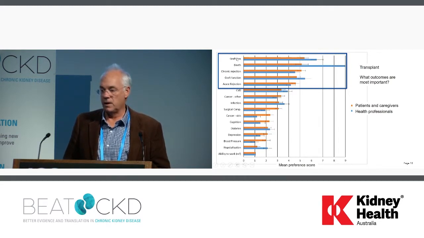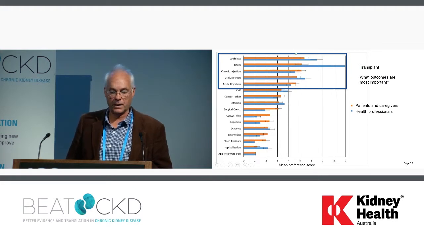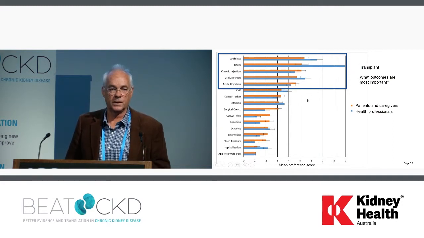So graft loss, rejection, or graft function are all just as important to transplant recipients. That clearly is because of the focus on maintaining the graft and having it for as long as possible.